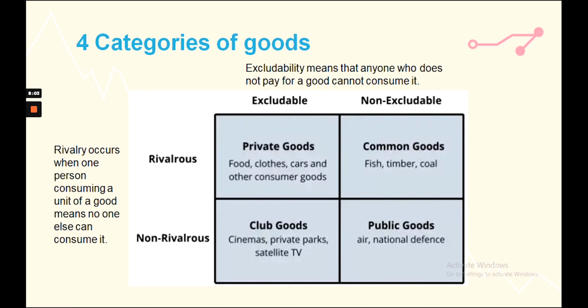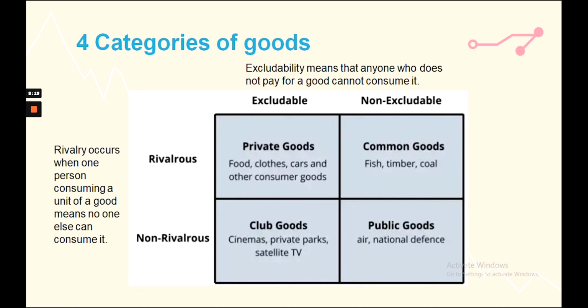So externalities do not always have a positive or a negative impact, but it is usually seen that the negative effect on the economy is greater than the positive effect.